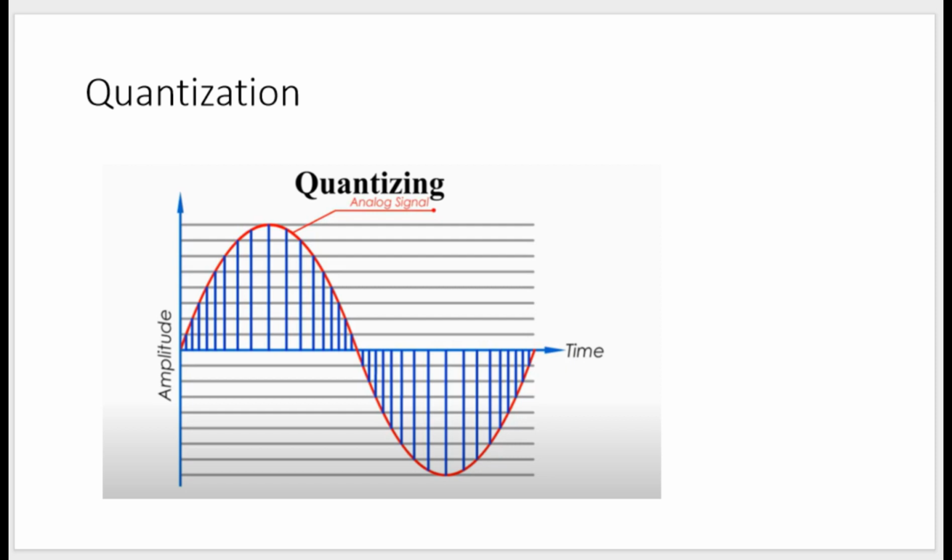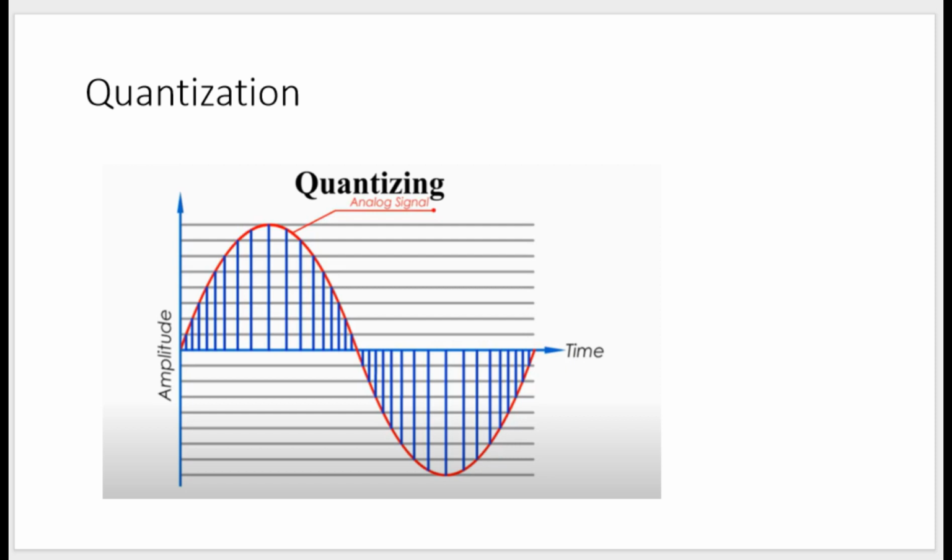So, bit depth. Bit depth means the number of bits in each sample. The most common bit depths in analog to digital conversion are 8-bit, 16-bit, and 24-bit. The number of discrete quantization levels is determined by the bit depth.